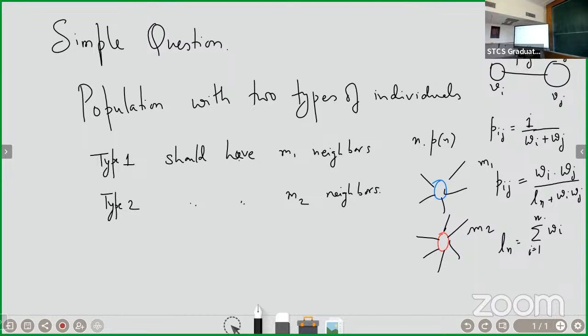Each Pij will be 1 by n plus 1. Yes, but that's only one particular case. Suppose I wanted Pij equal to lambda by n. Do it.